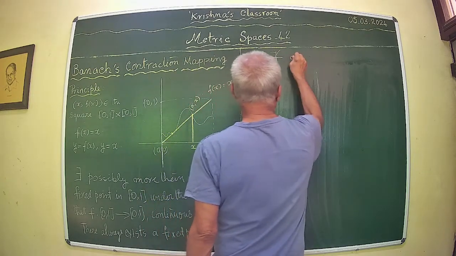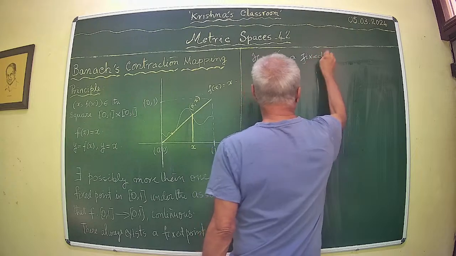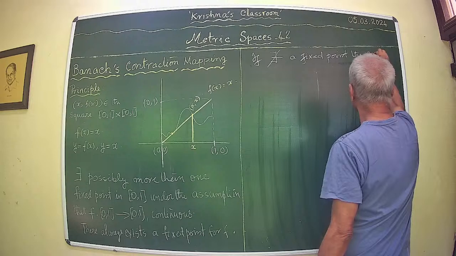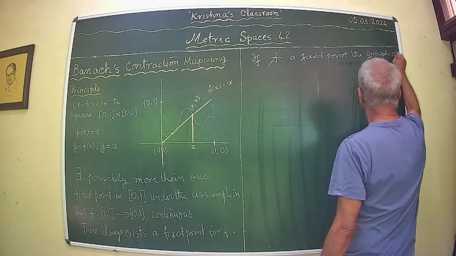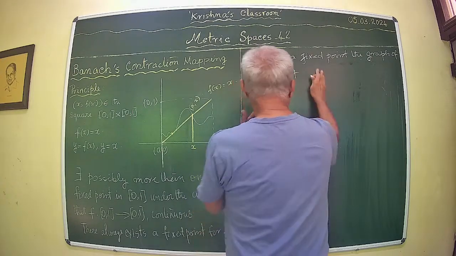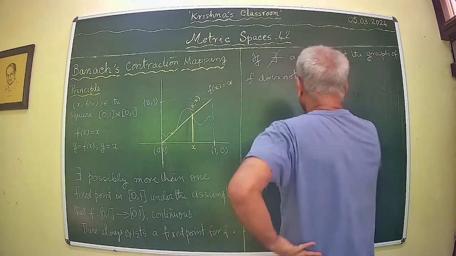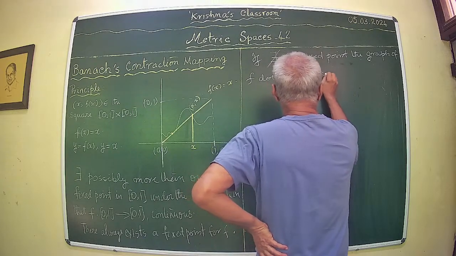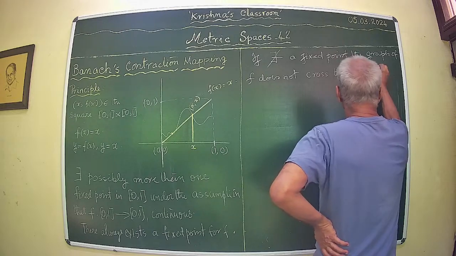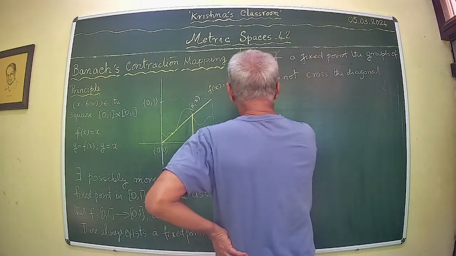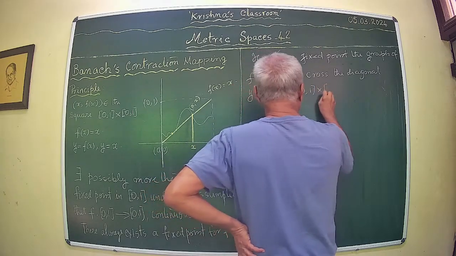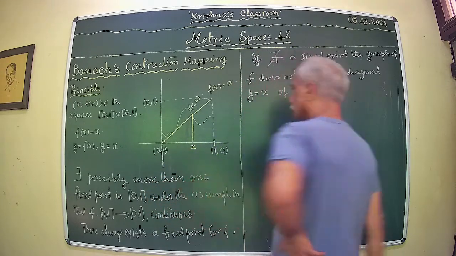There does not exist a fixed point. The graph of f does not cross the diagonal of the square.